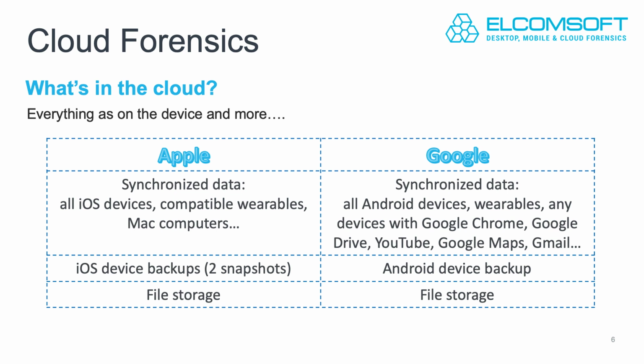And it is not just one device connected to one account. There can be very many devices, including iPhones, iPads, iWatches, MacBooks, and Mac computers. They also have data synchronization for syncing data between the devices and the cloud. And again, file storage for files and documents.